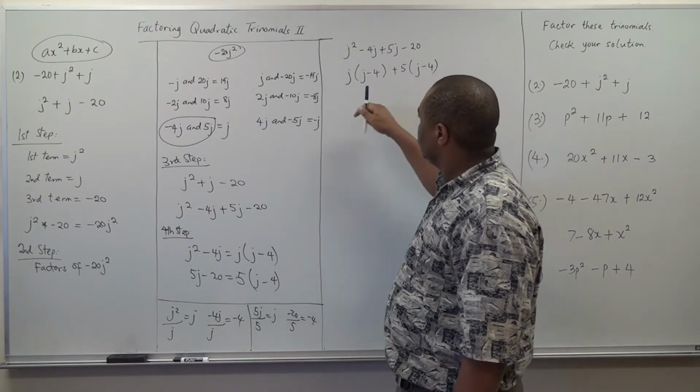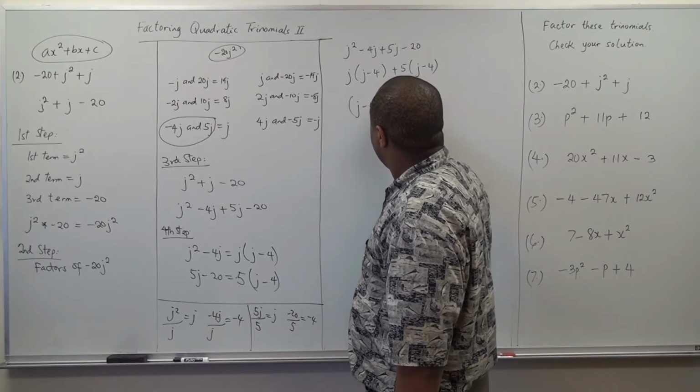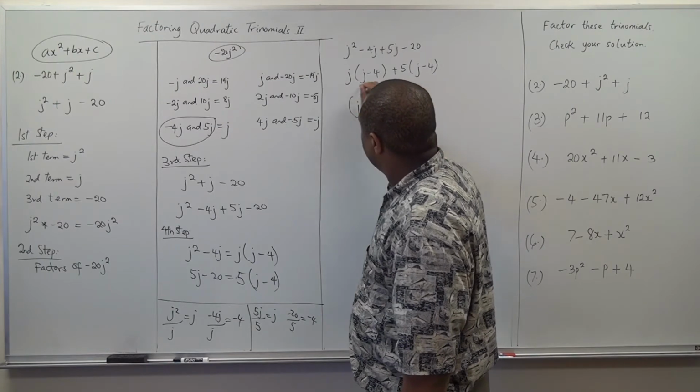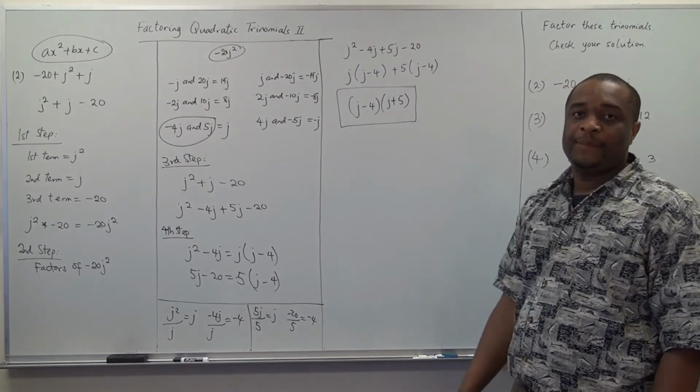Because this is equal to this, we can bring it out, and this is now j minus 4 and j plus 5 if we factor out. And that gives us our answer. We factored it out.